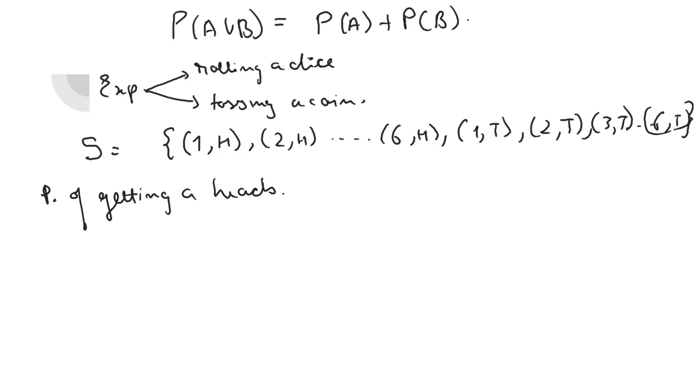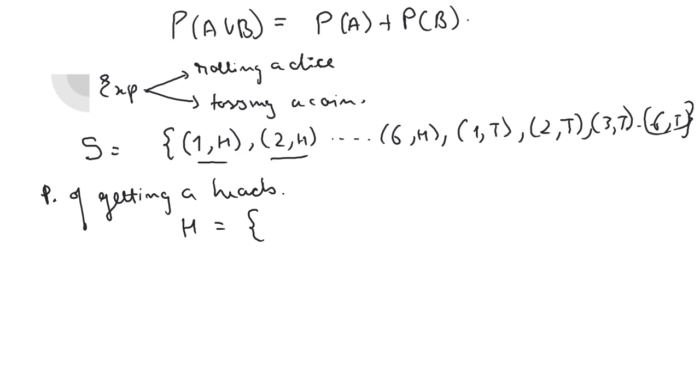So the outcomes of this condition can be written in another set which contains the outcomes of this event, right? So when am I getting a head?